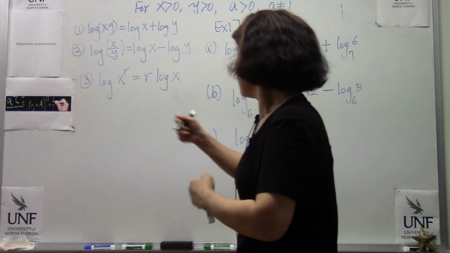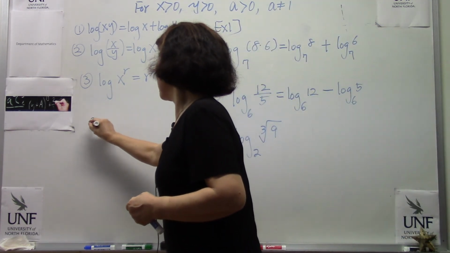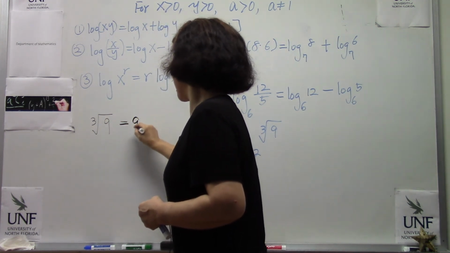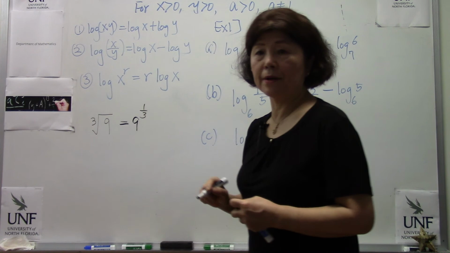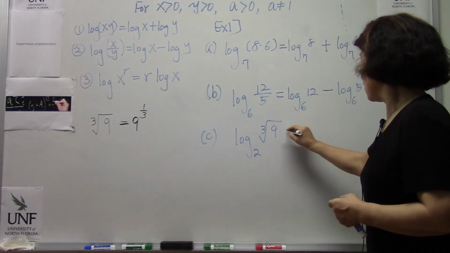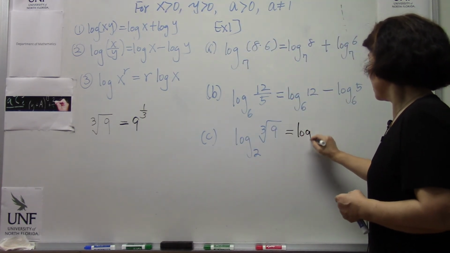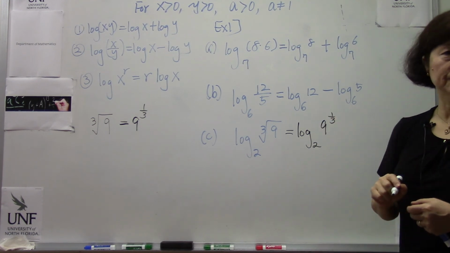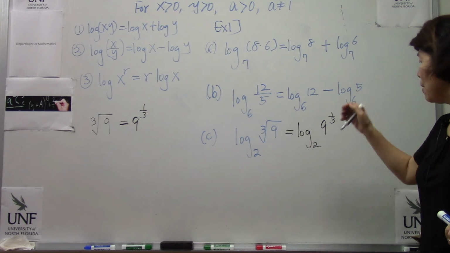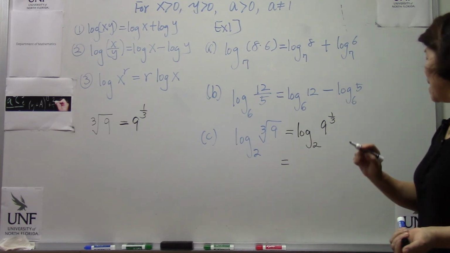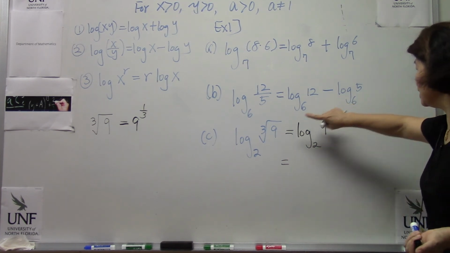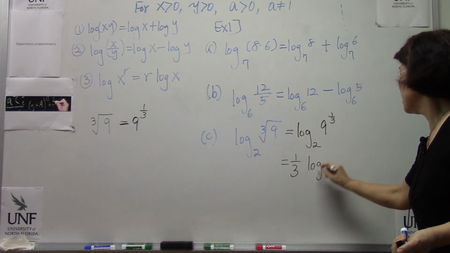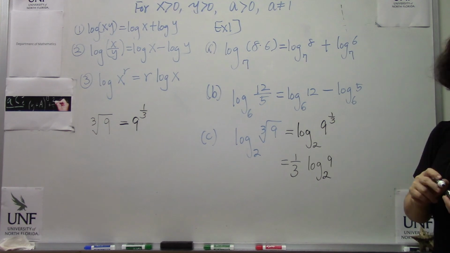What is the cube root of 9? Can you rewrite it? Yes, we can write it as 9 to the 1/3 power, correct? So we write log of 9 to the 1/3 power to base 2. Now we have a power of 1/3, so we are going to push it to the front: 1/3 times log 9 to base 2.